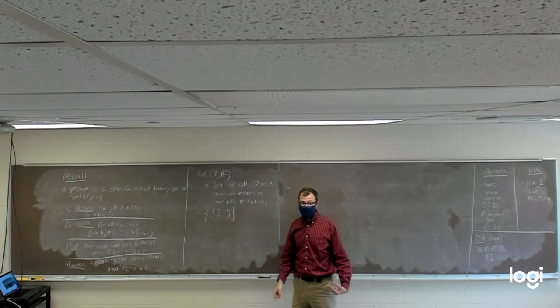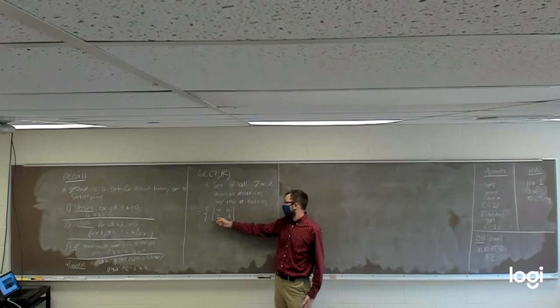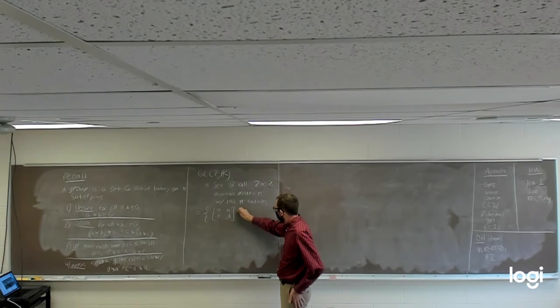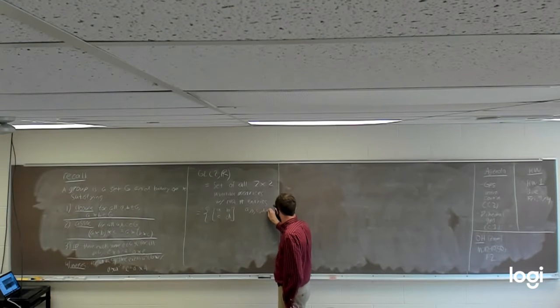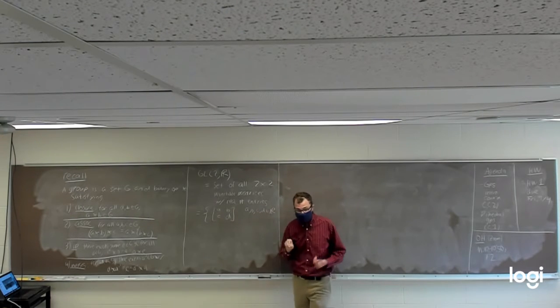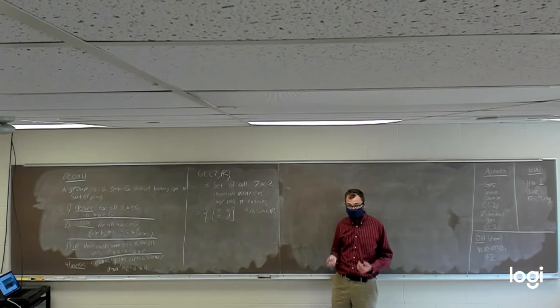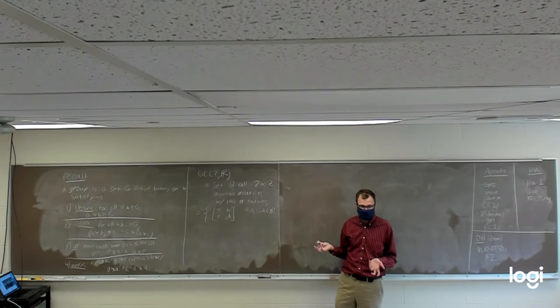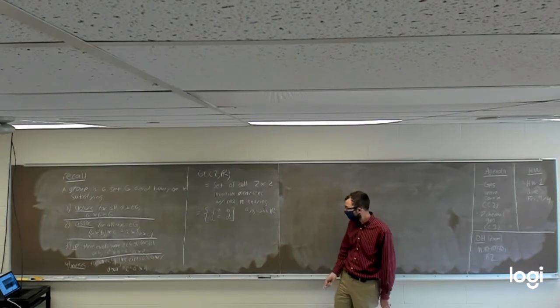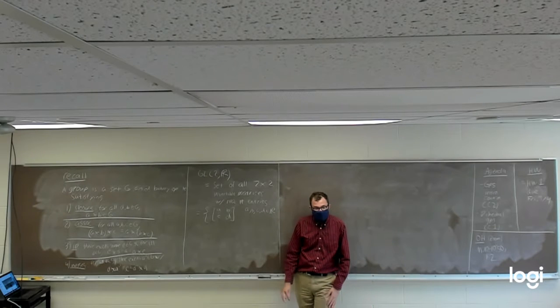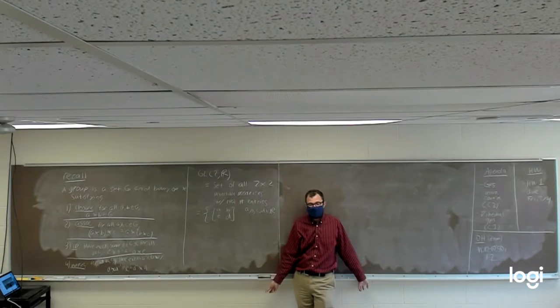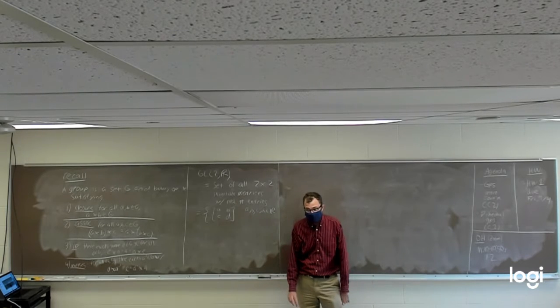that are 2 by 2, so 4 different letters here, satisfying that A, B, C, and D are all going to lie in the set of real numbers. They're all going to be elements of fancy R. Fancy R just means the set of all real numbers. And if we're looking at a 2 by 2 matrix like this, what condition does it need to satisfy in order to be invertible?